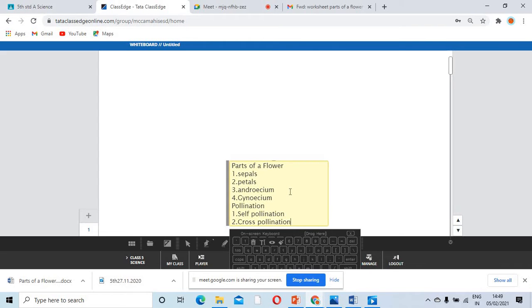Okay, so parts of the flower, there are four parts we are going to learn: sepals, petals, androecium and gynoecium. Under pollination, we are going to learn about self-pollination and cross-pollination.